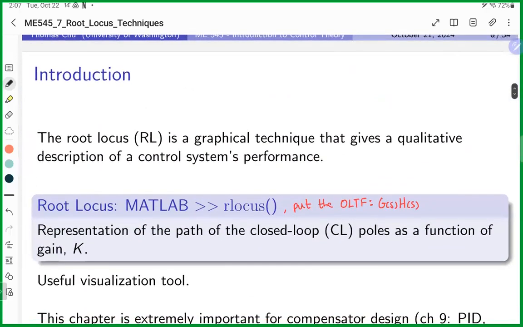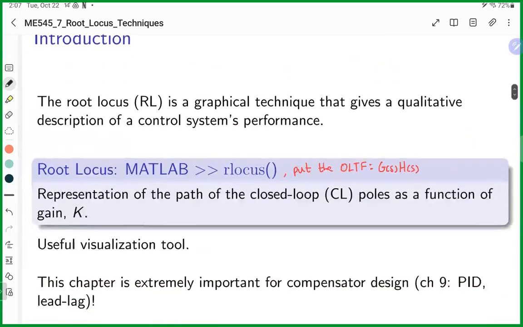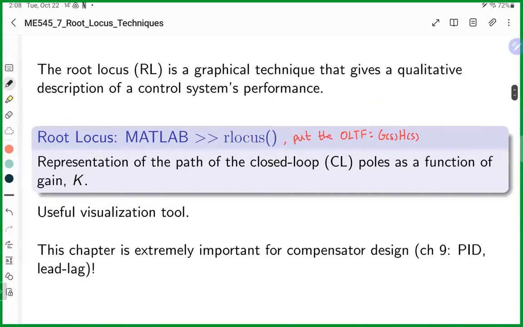So the root locus is a graphical technique that gives a qualitative description of a control system's performance. In MATLAB, we use the command rlocus and put the open loop transfer function g of s, h of s in here, and we leave the k out, because MATLAB is going to multiply this by k and draw the root locus, varying k.